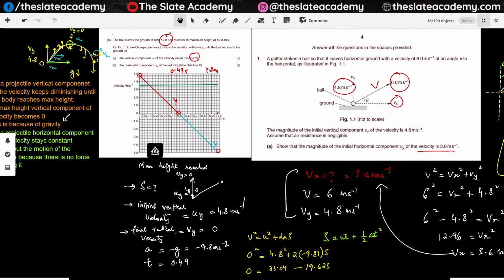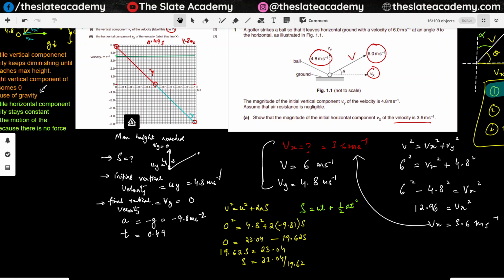That gives me 19.62s is equal to 23.04, and s is equal to 23.04 by 19.62, which is 1.17 meters, right? We're calculating distance. Got it?